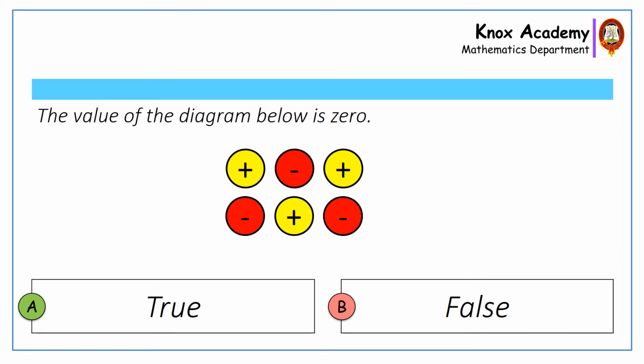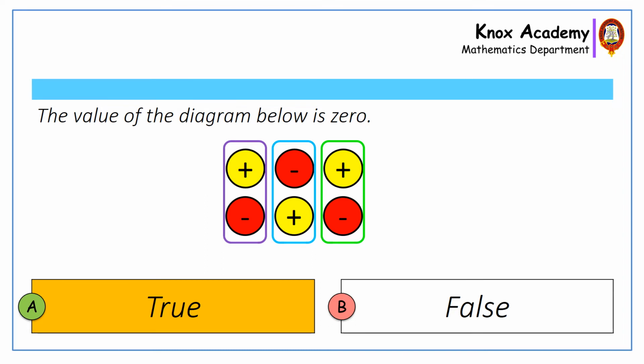Again, presenting pupils with a question like this. Is the diagram below 0? So the reason is because we have 3 zero pairs within this, which means overall we can simplify that to 0. There's no counters left out of that zero pairing.